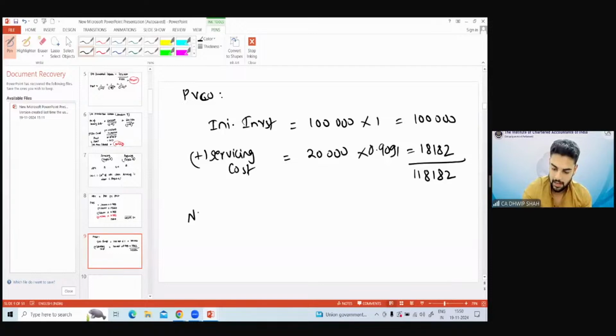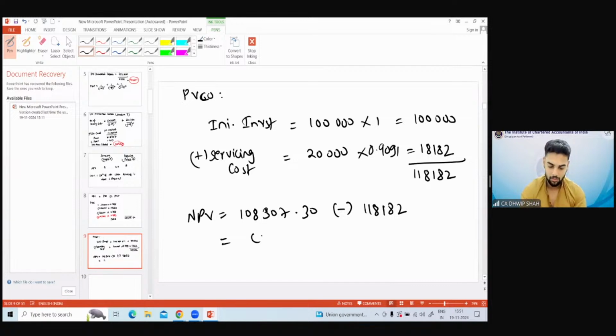So my NPV in this case would be 108,307.3 less 118,182, which comes to negative 9874.7. Negative 9874.7.